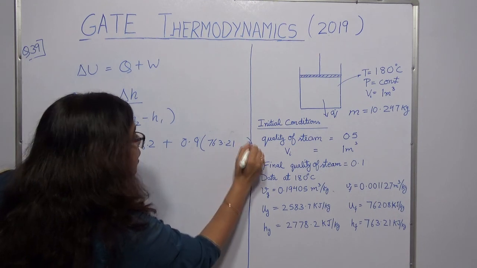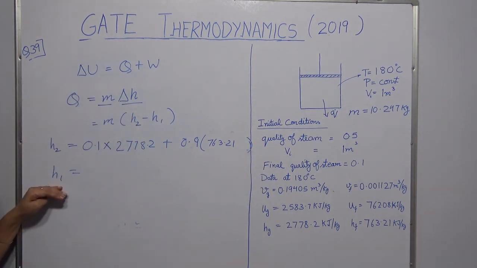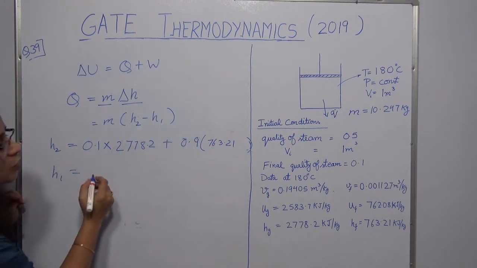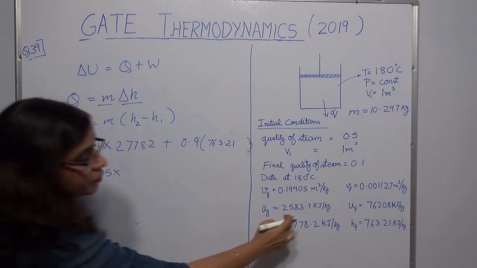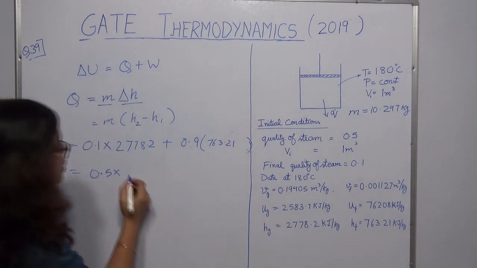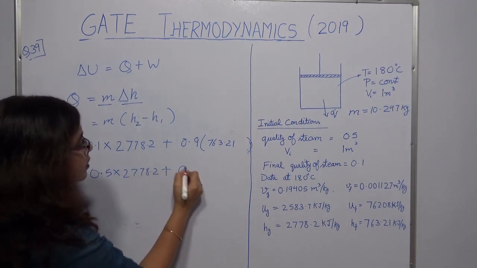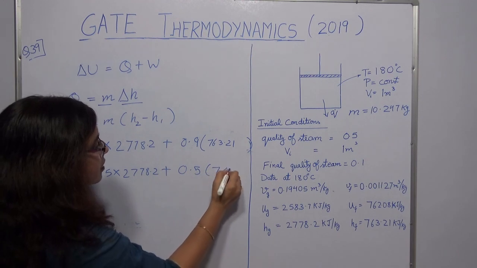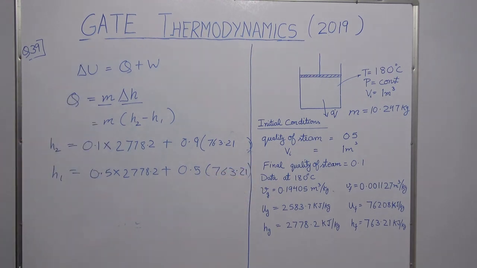And your H1 will be the initial specific enthalpy that you are going to calculate, because at that time your quality of steam is 0.5, so 0.5 into 2778.2 plus 0.5 into 763.2. So this gives you your initial and final enthalpies.